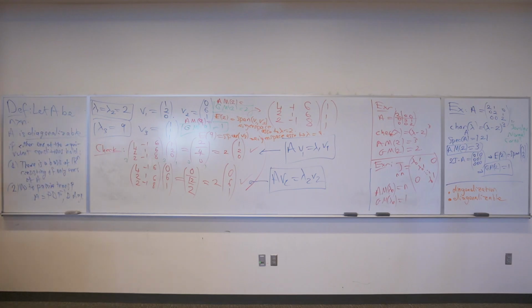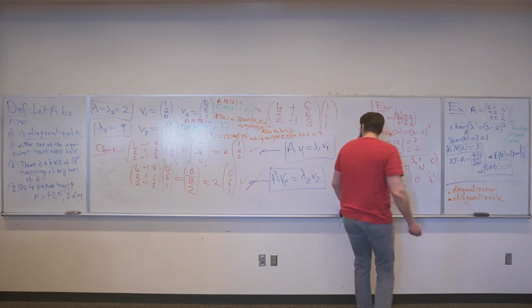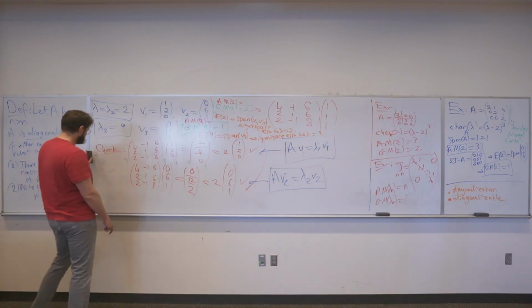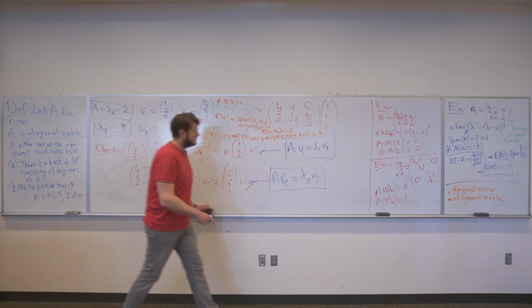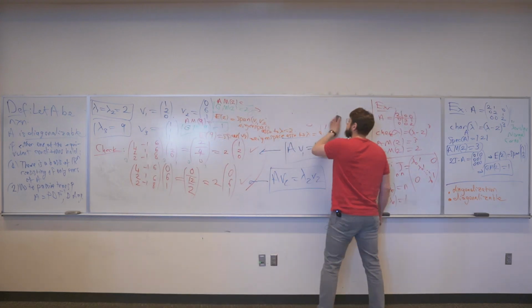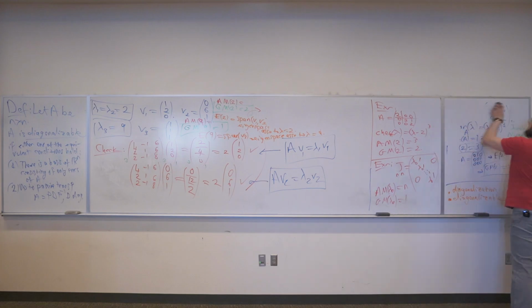So relative to a certain basis, which is this basis made up of eigenvectors, A is in fact diagonal. It's kind of hard to parse. In this example, it looks like this. Okay, I'll keep these verifications perhaps. I'll delete this. In fact, I'll delete this as well.